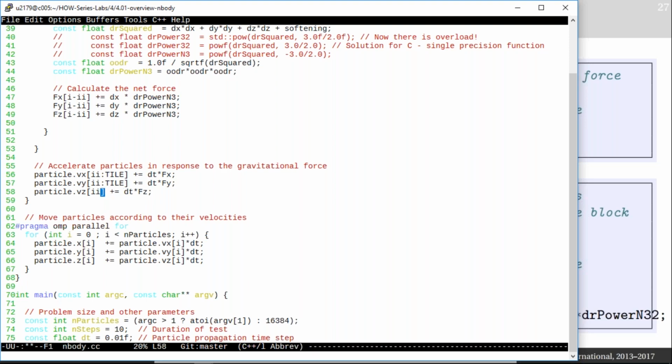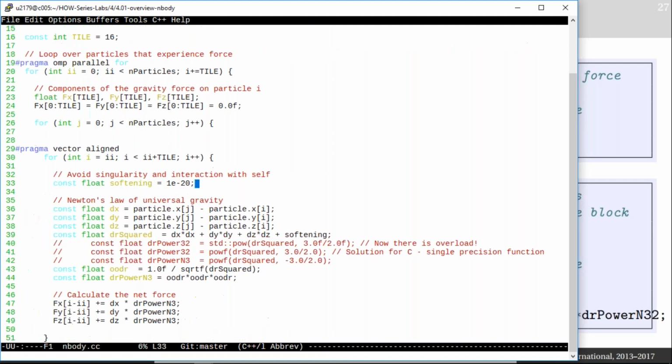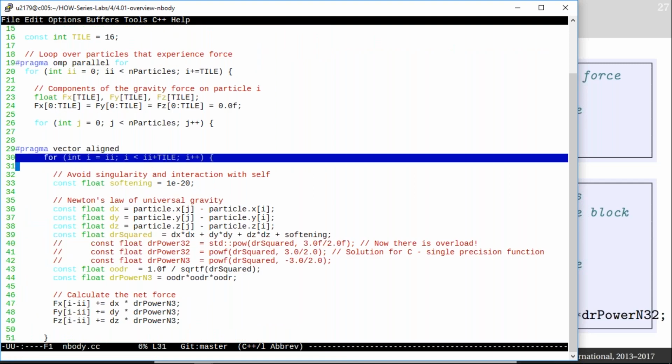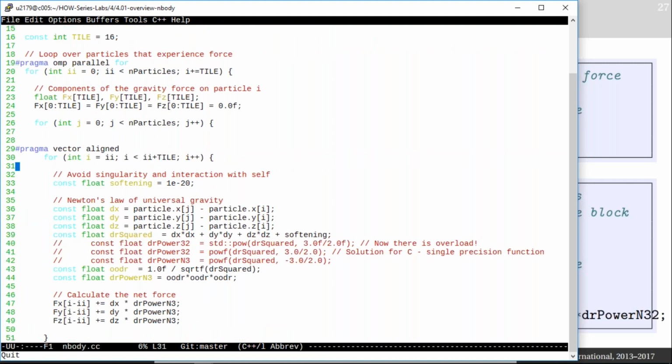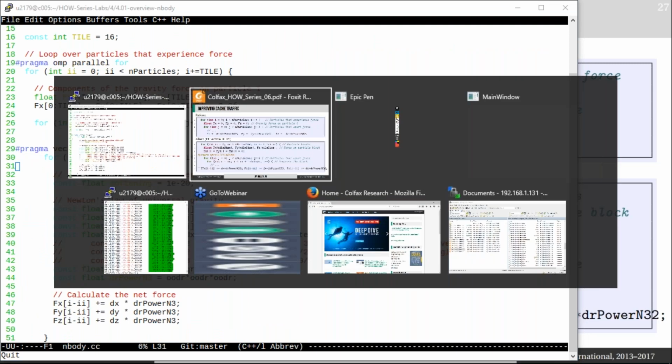So in array notation, the first element is start, the second element is count. I am operating on 16 particles at once, so I'm doing this. Hopefully not too mysterious what I did. I just made the inner loop short with the help of loop tiling.